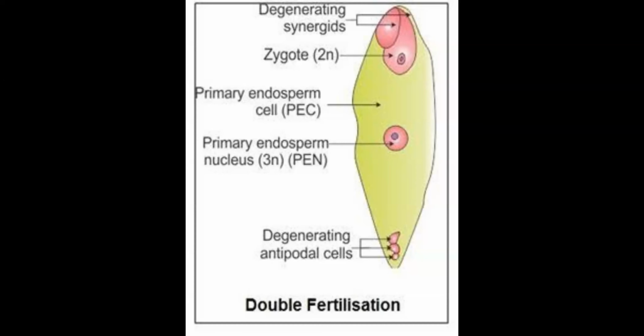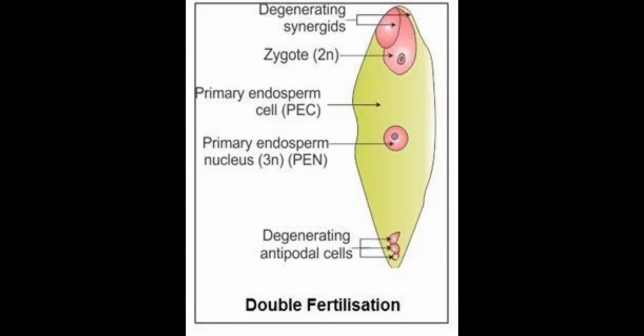Micropyle is the structure through which the pollen tube enters the ovule. Which structure shall guide the pollen tube entry into the embryo sac? Correct, the filiform apparatus. It's the filiform apparatus that will guide the pollen tube entry into the embryo sac.